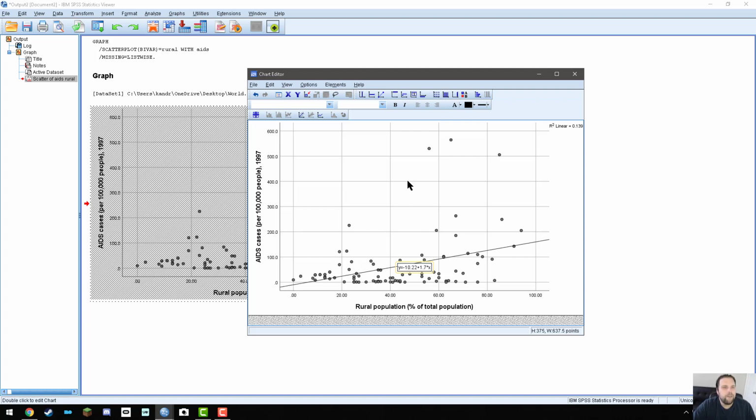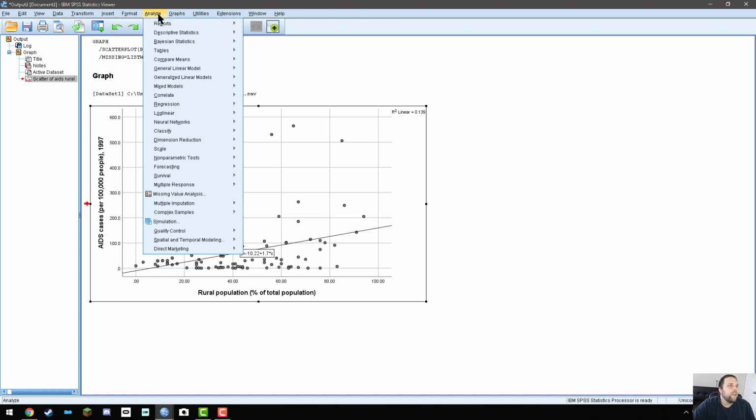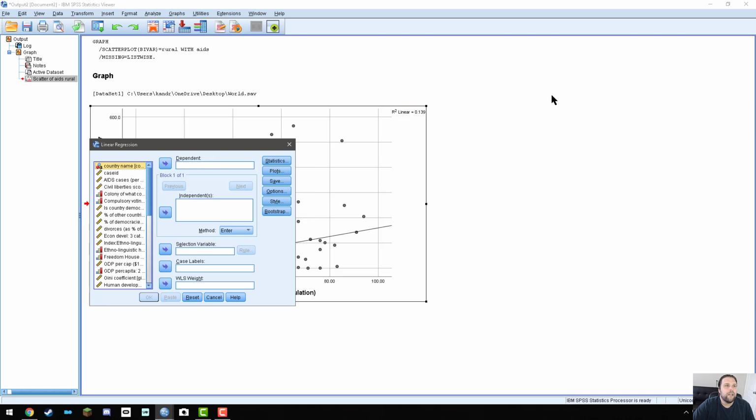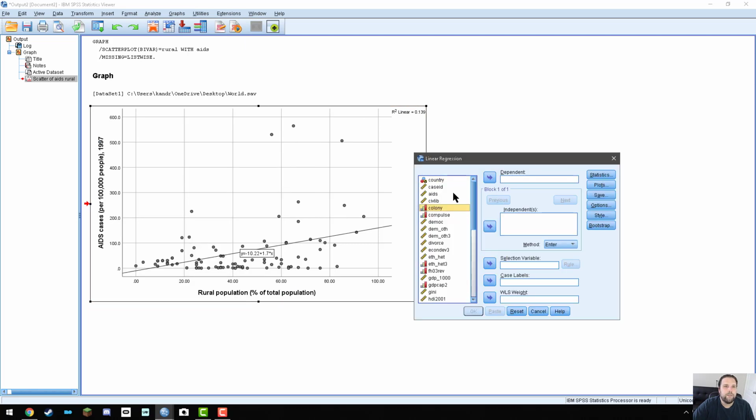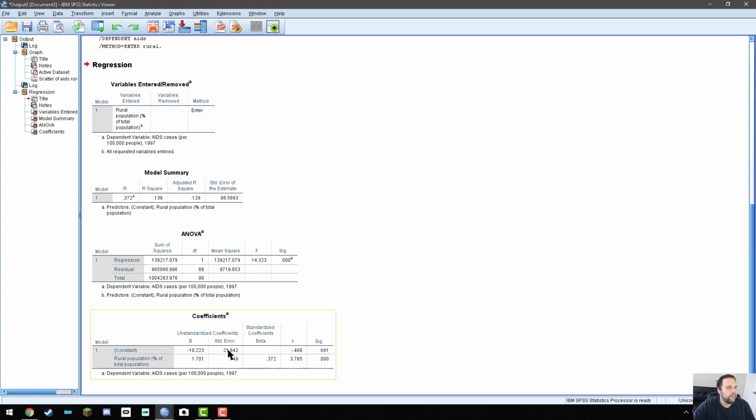Okay? So there's that way of visualizing what's going on, but then if you do Analyze, Regression, Linear, you can take your dependent variable, the number of AIDS cases, by percentage of the population that is in a rural area, and actually create this coefficients chart, which again will give you the negative 10.223, which is the intercept, 1.701, which is the slope, but it's also going to give you your standard error.